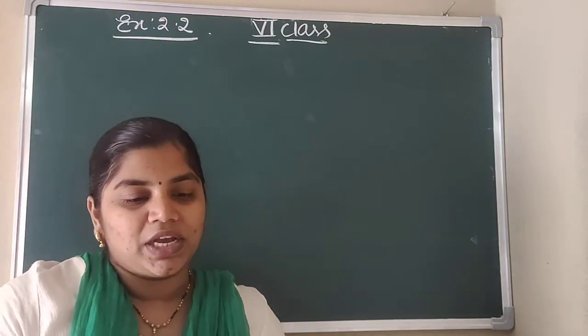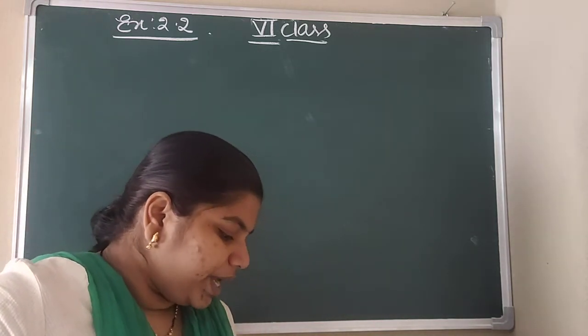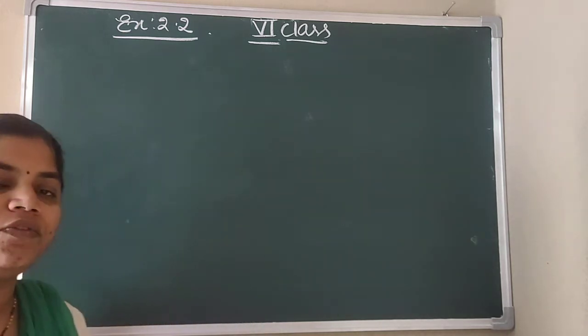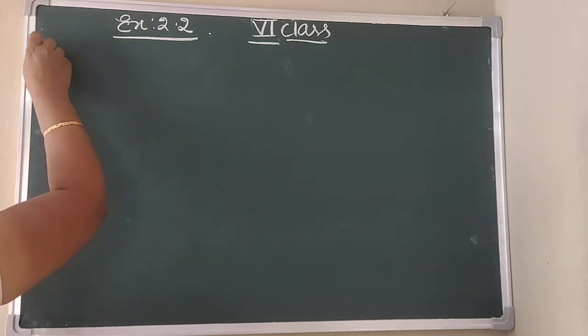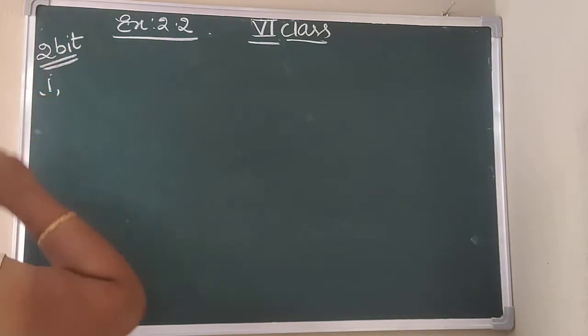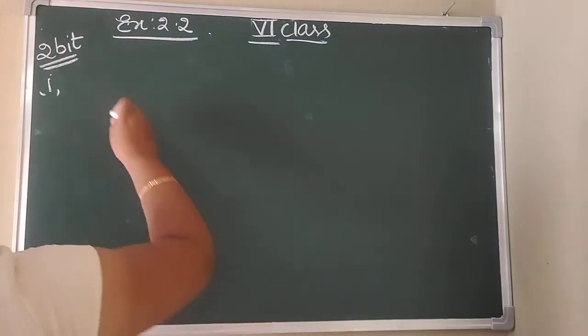Okay, so I am starting the second bit now. Find the sum by suitable rearrangement. By using rearrangement, we have to find the sum of the given question. In the second bit, the first one: find the sum by suitable rearrangement.